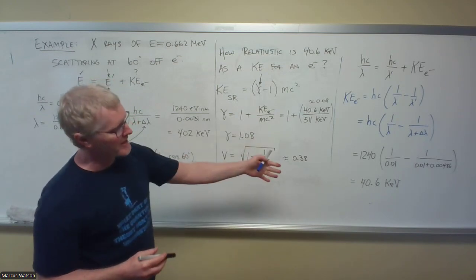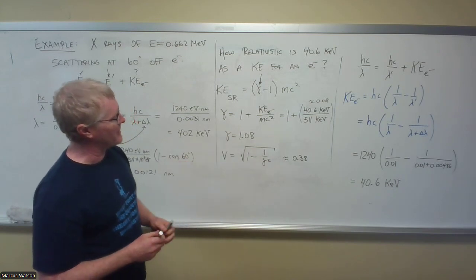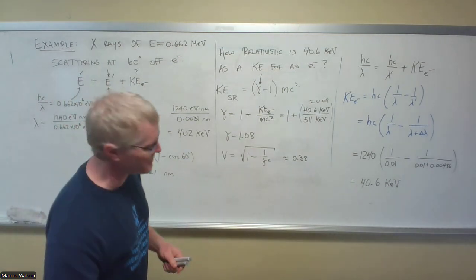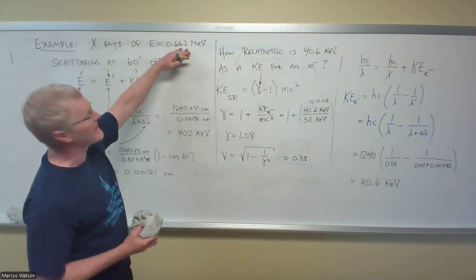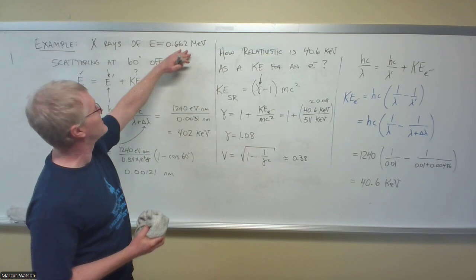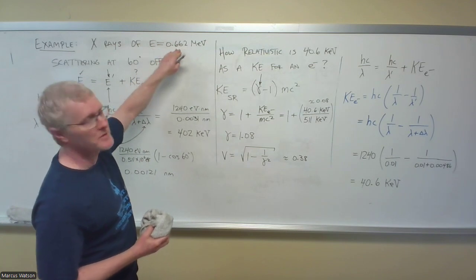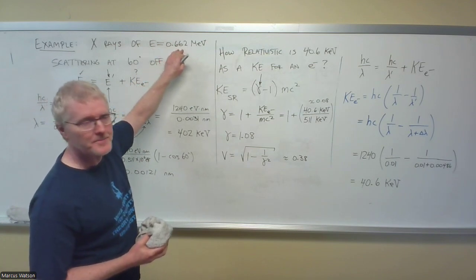Since we said 40 keV turns out to be about an 8% increase in the time stretch factor, this is going to result in a significantly larger effect in the time stretch factor, because the original energy coming in was 662 keV.